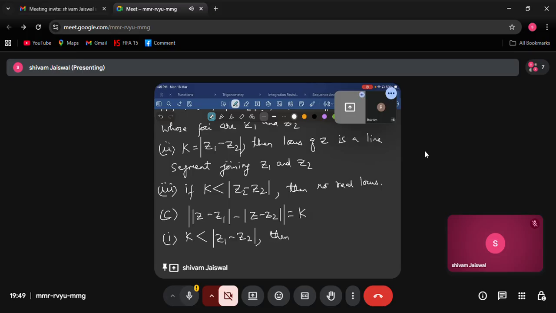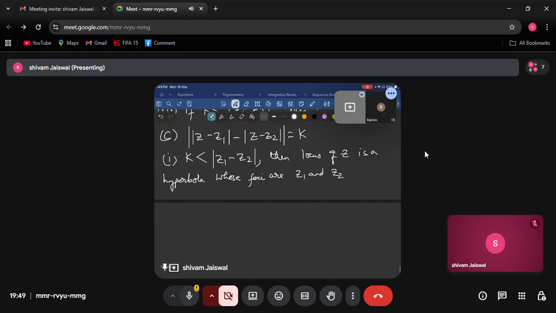Then locus of z is a hyperbola whose foci are z1 and z2. Remember.